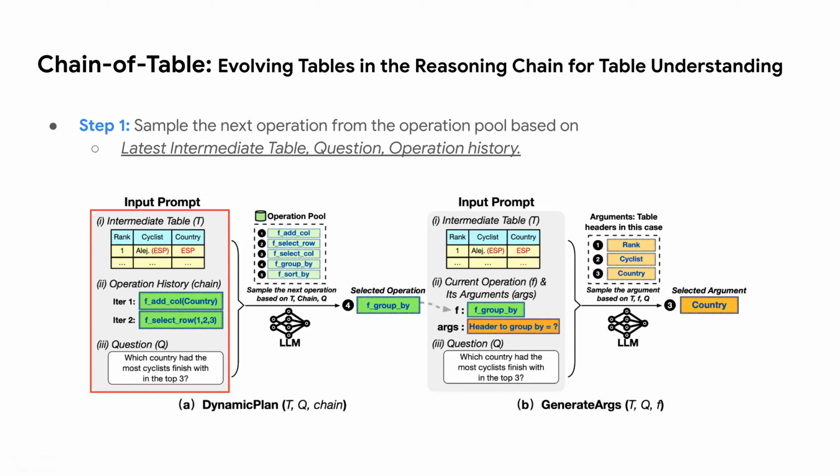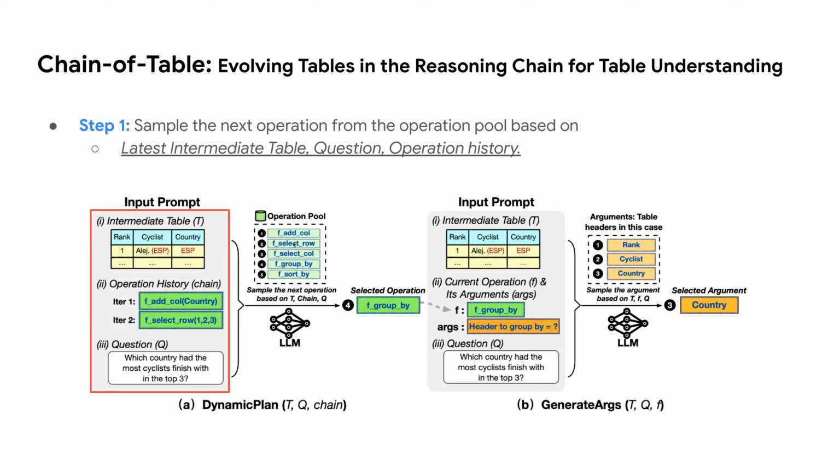So the large language model will know, okay, we need to do this task, which is a question. How many steps have we already done for this question? That's the operation history. And what is our next step towards this latest intermediate table? With all these 3 elements considered, we will prompt our model to select an operation from the operation pool.